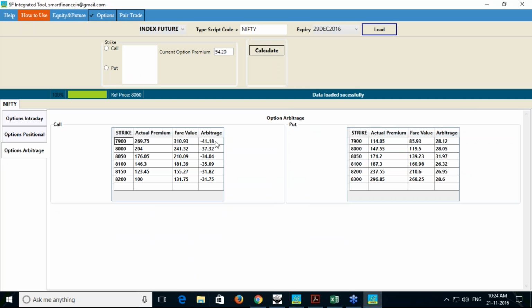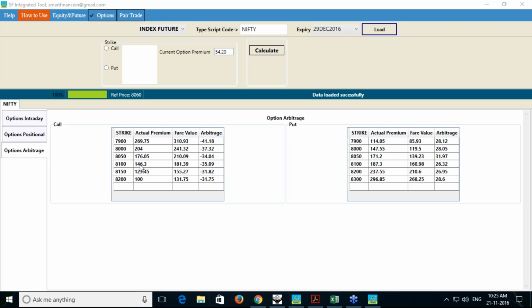Look at these strikes: because of the downtrend, the call premiums are lesser. See these arbitrage values, 30 rupees, 40 rupees in one lot itself. Multiplying by 75, 2800, 3000, 3000 to 4000 of arbitrage opportunity is there. You just need to plan an option strategy to take this arbitrage to your benefit.